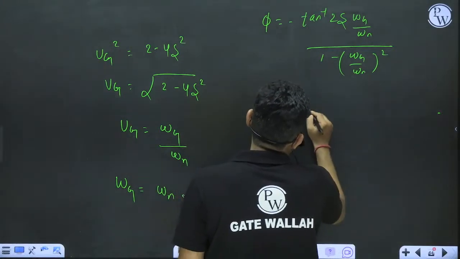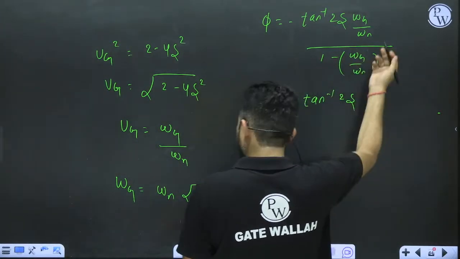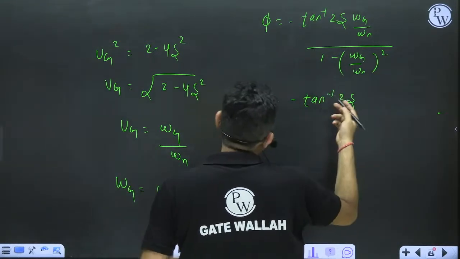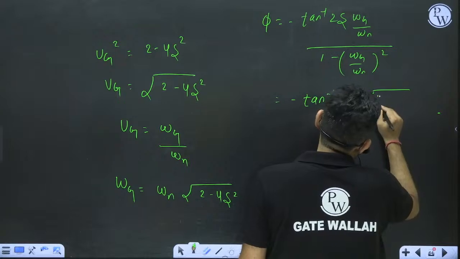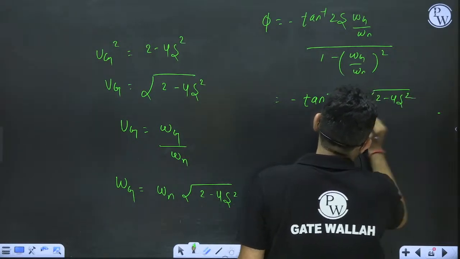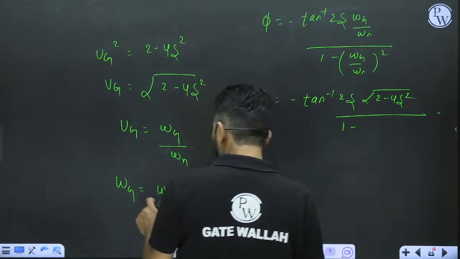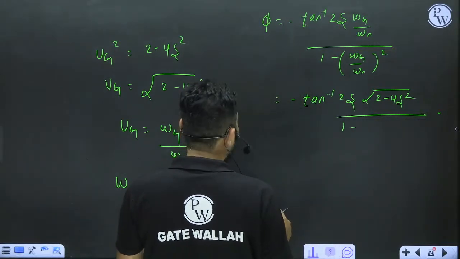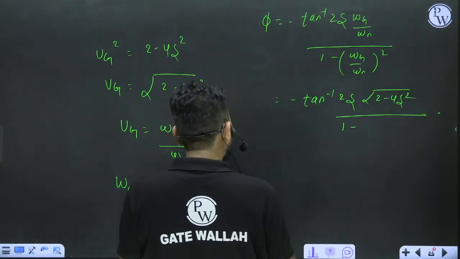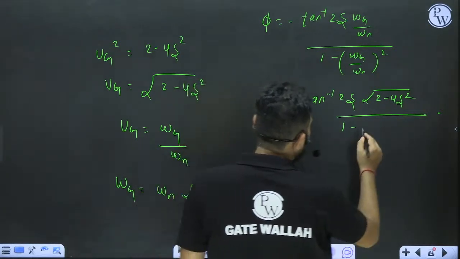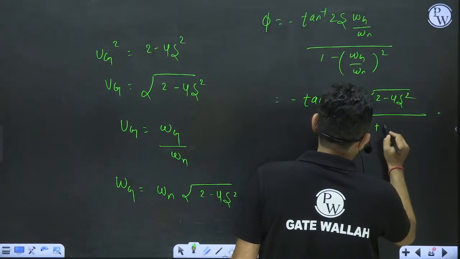It is a minus tan inverse of 2 zeta. Directly I am writing omega g is this one, so directly you will get root of 2 minus 4 zeta square divided by 1 minus omega g by omega n square, so it is 2 minus plus 4 zeta square.